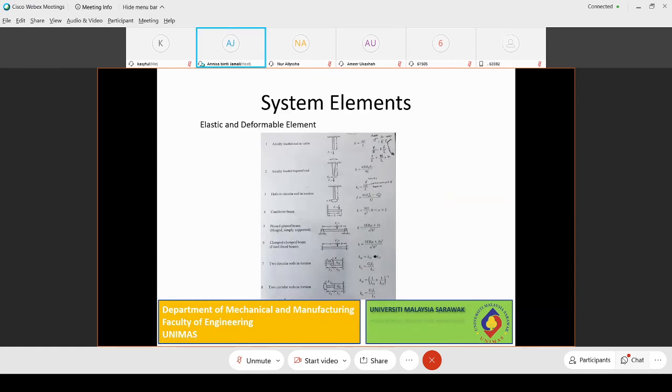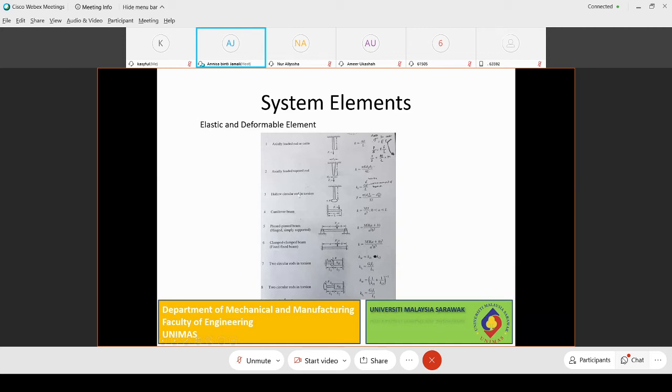So these are other examples of the elastic and deformable element here. You can see the axially loaded rod or cable. So how does it look like? This is the same as the first example given just now, which is K equal to AE over L. Axially loaded tapered rod. The rod is tapered, so a bit different here. So this is the K value. The hollow circular rod in torsion. This is in torsion, different.